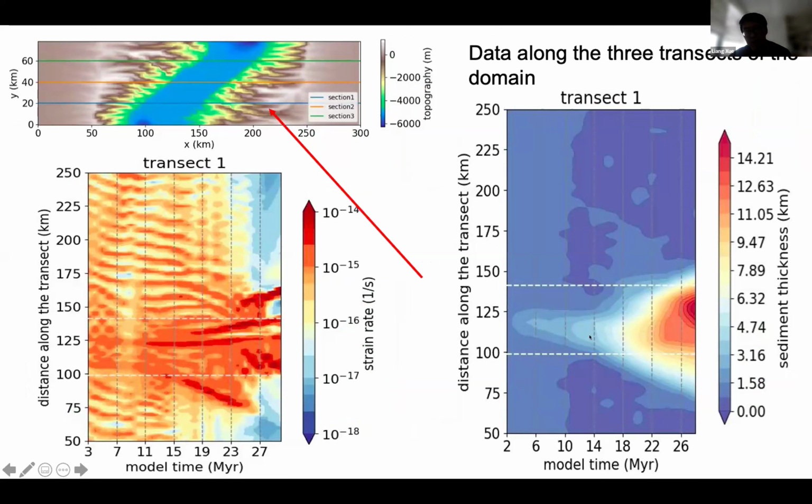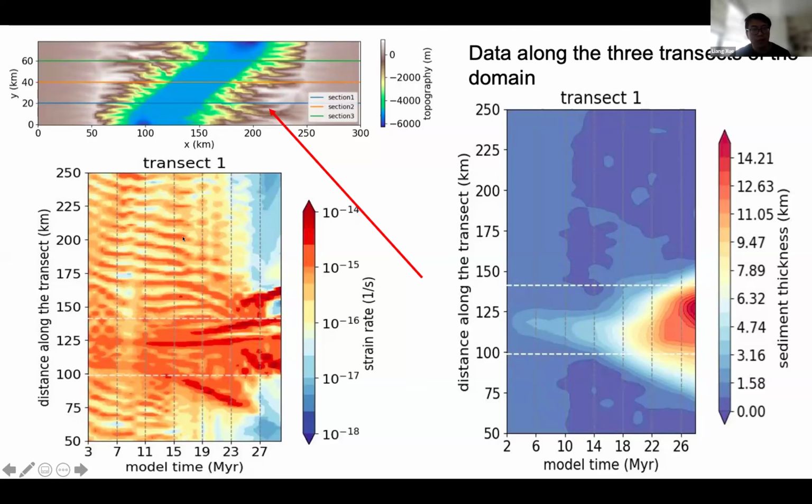This is sediment thickness. The x-axis is time from 2 million years to 30 million years, and the y-axis is distance along this transect. For example, here it shows that at 3 million years, the thickness of the sediment starts to grow, but at 18 million years, the sedimentation rate rapidly increases, almost within this weak zone, which is highlighted within those white dashed lines.